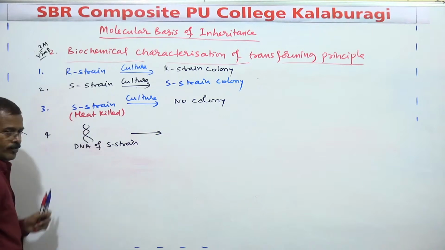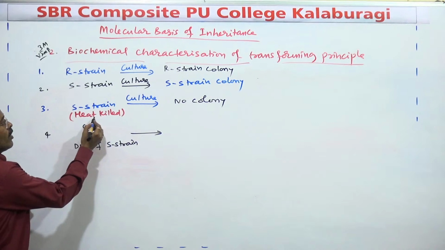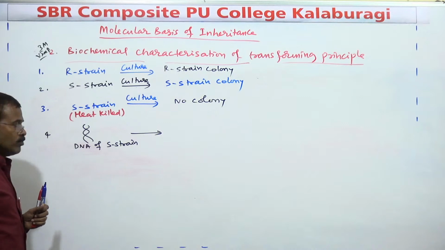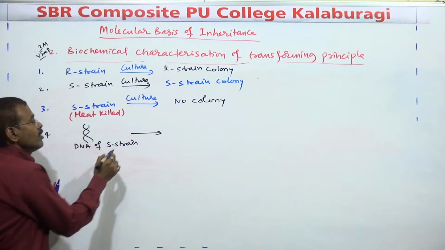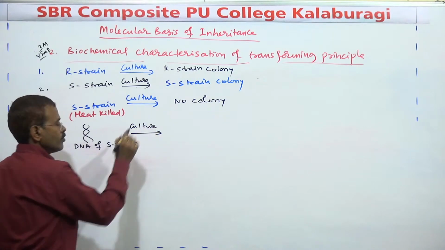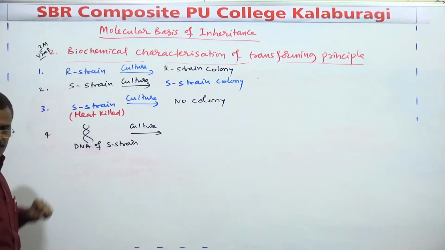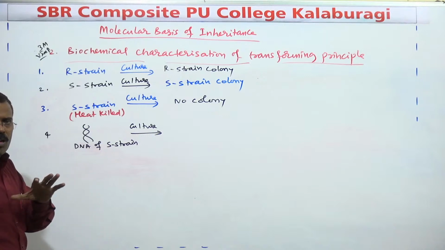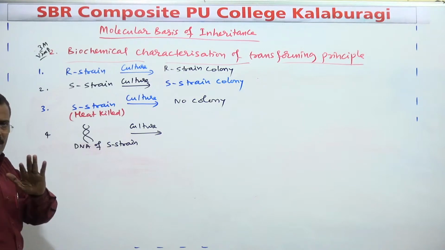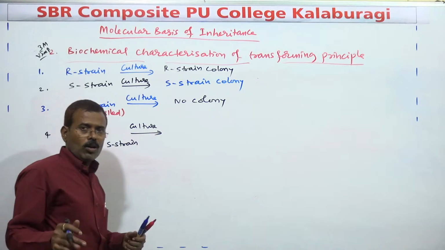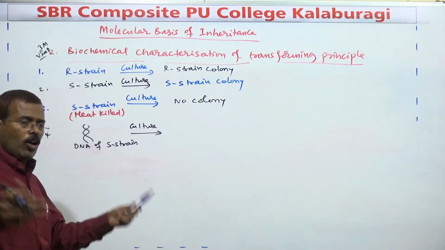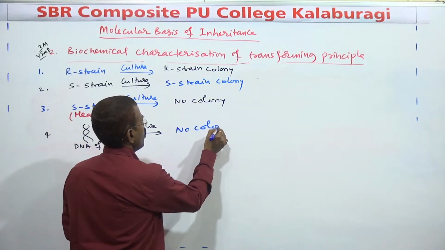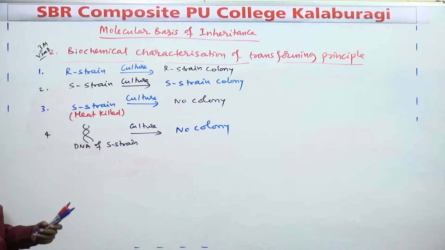Only DNA: cell-free DNA. Cytoplasm, cell wall, and protoplasmic material were not there. So when they cultured it, this time also we cannot expect any colony formation. No colony was formed.